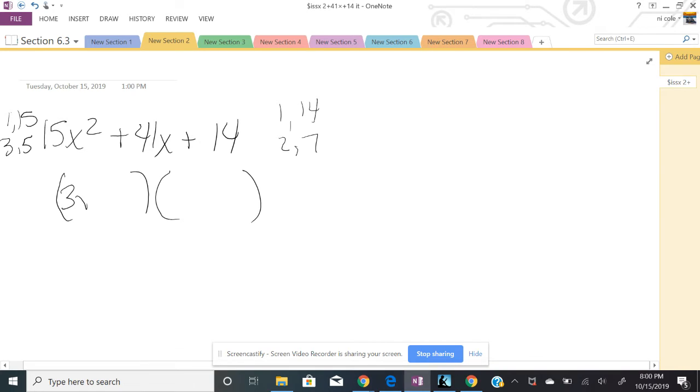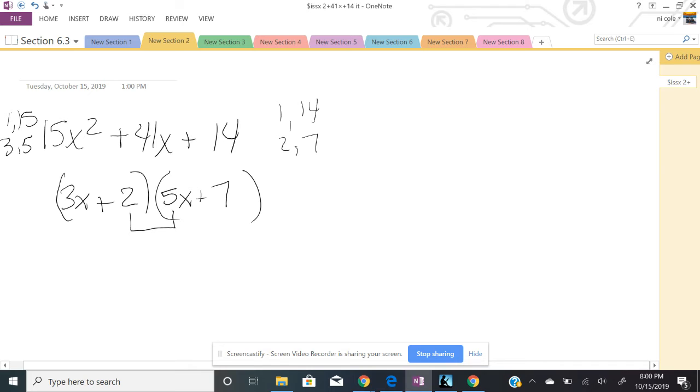So I'm going to start off with 3x and 5x. This is a plus, so it's either going to be plus plus or minus minus, and this tells me it's going to be plus plus. And I've got to throw in 2 and 7.